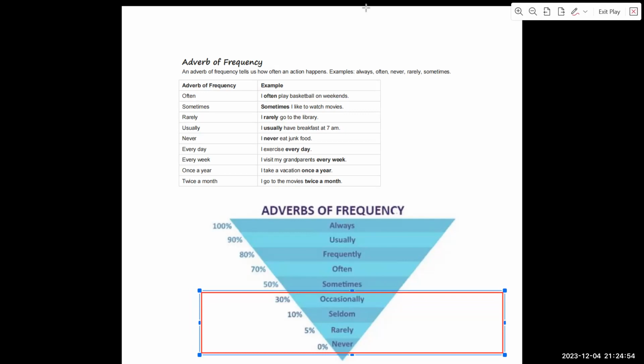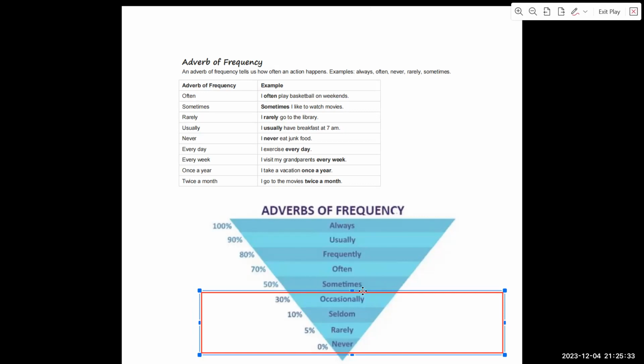Have you used this? Not usually, I think. Occasionally comes from the word occasion. So you're only doing something when there's an occasion, once in a while. That's why it's called occasionally.